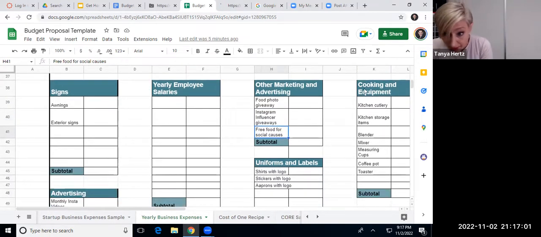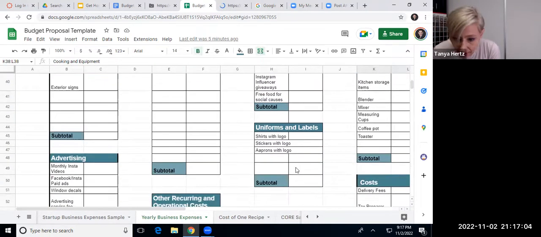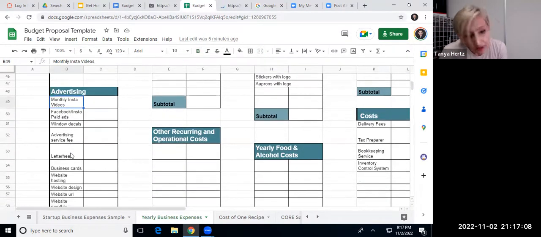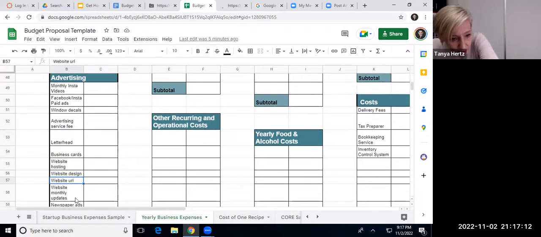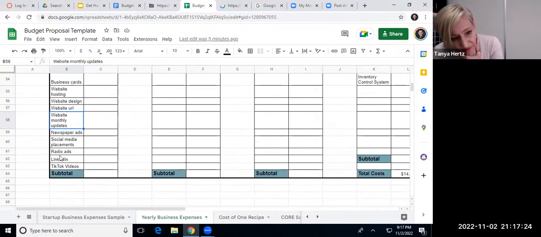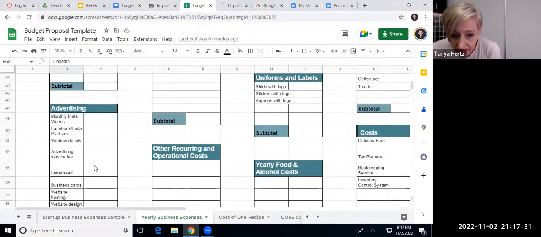Uniforms, labels, cooking equipment, cutlery, advertising, your business cards, your letterhead, your website design, your URL, your updates. If you pay a student to make social media posts for you once a week, you can put all those expenses in there. Maybe you do some old-fashioned advertising like radio or print ads. Anything, put them all in here, right?